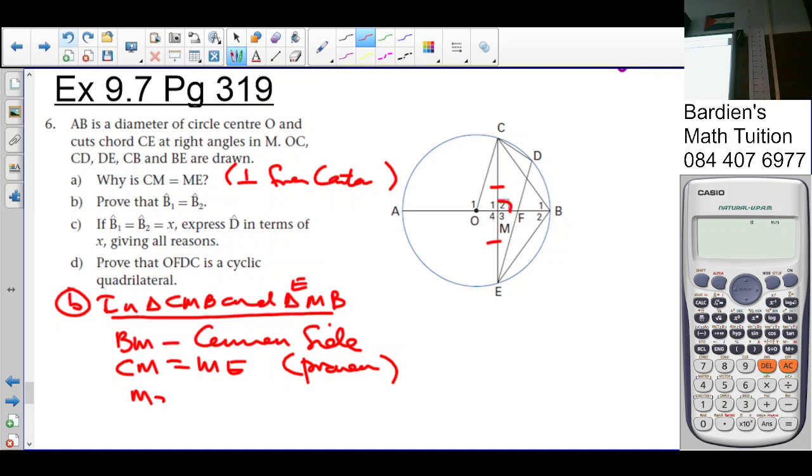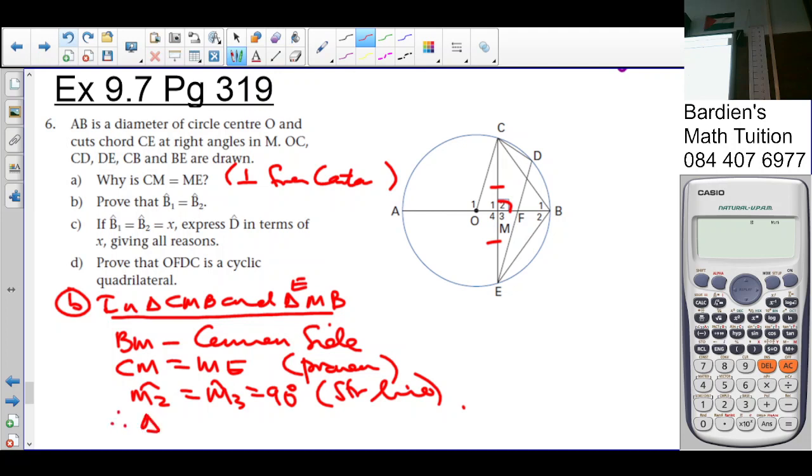M2 is equal to M3, which is equal to 90 degrees. Angles on a straight line, or we can just say that the lines are perpendicular. Not so? Enough to prove congruency? Yes.